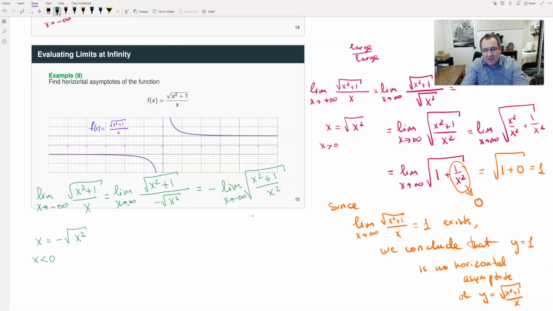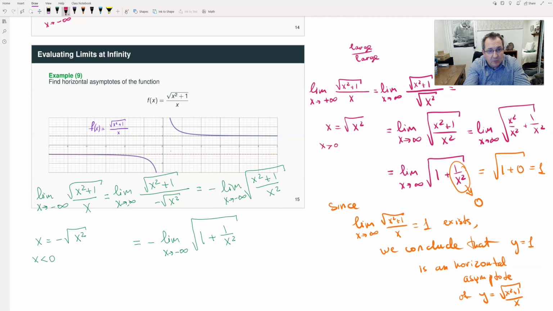We need to make sure that we keep that straight. And our last prep step is to simplify the fraction inside the square root. So we'll have x goes to minus infinity of the square root. So that fraction will be simplified to 1 plus 1 over x squared.